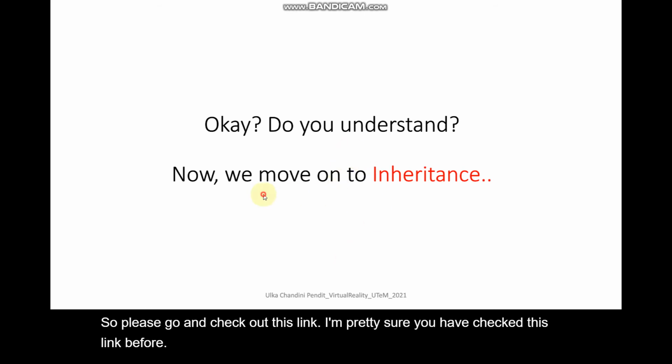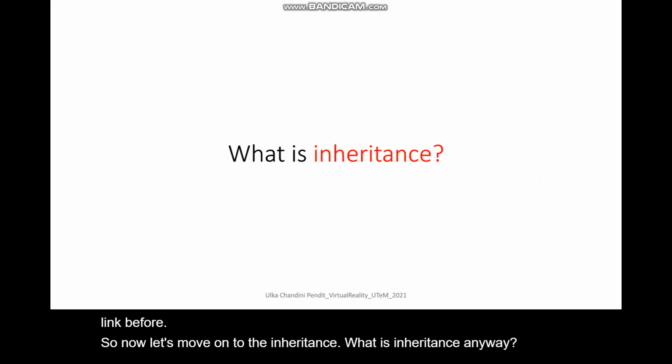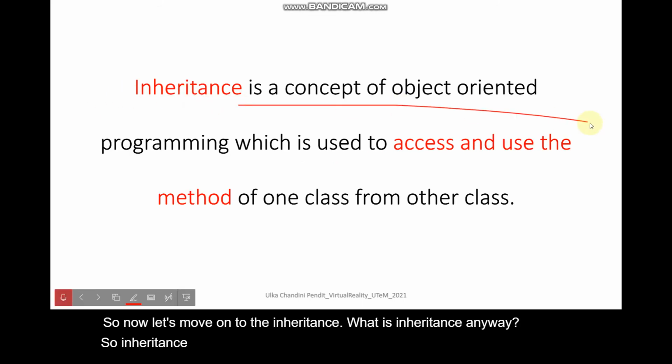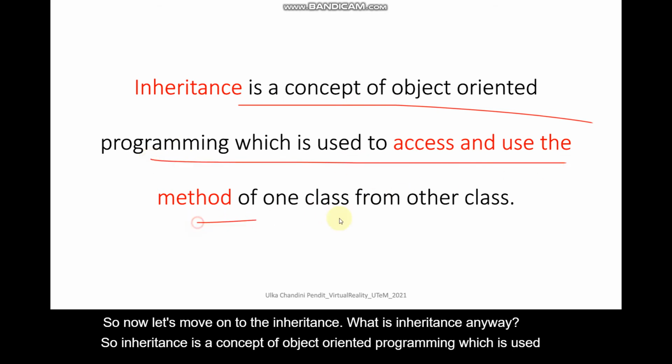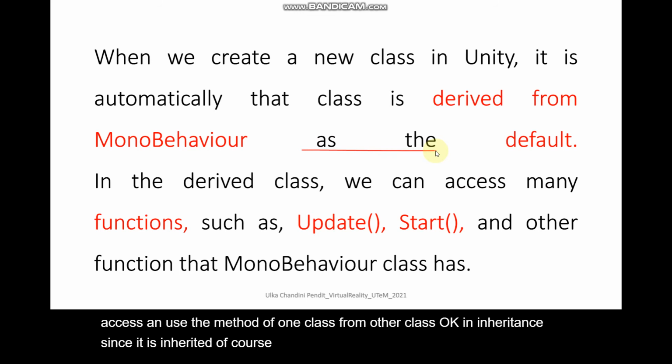So now let's move on to inheritance. What is inheritance anyway? Inheritance is a concept of object-oriented programming, which is used to access and use the methods of one class from another class. In inheritance, since it is inherited, of course there should be a base class.